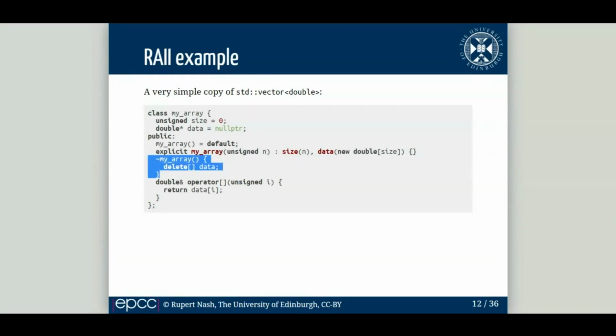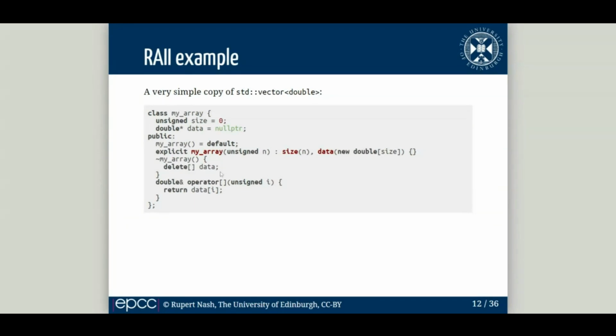Notice here that I define the destructor. Why? Because when I use the constructor, I book some memory using new. So when this object gets destroyed, you will need to also free that memory that you have allocated.